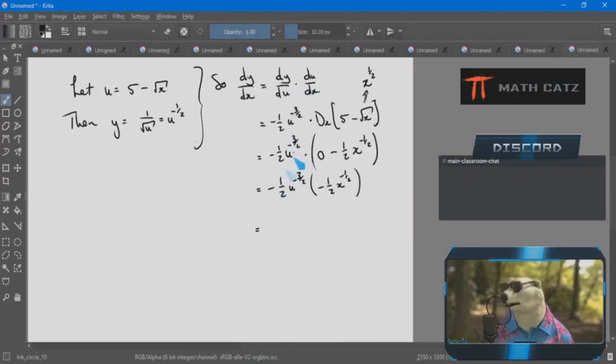Then I remember, okay, I just need to address the u, get rid of it to have my final answer as negative 1/2 times (5 minus root x) to the negative 3 over 2 times negative 1/2 x to the negative 1/2. I don't even merge those two negatives.